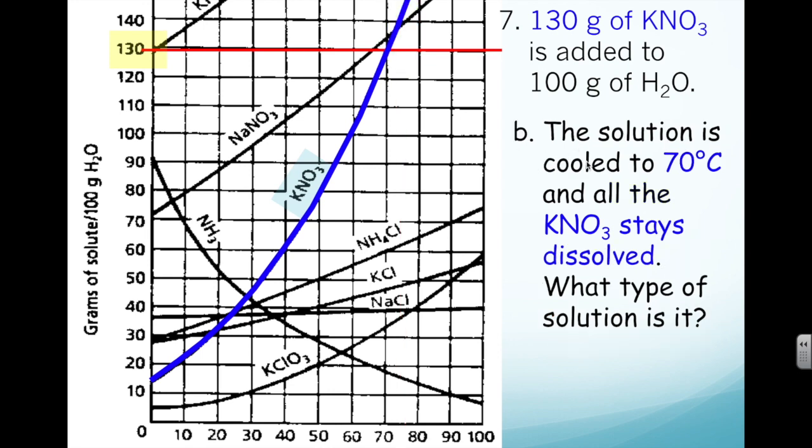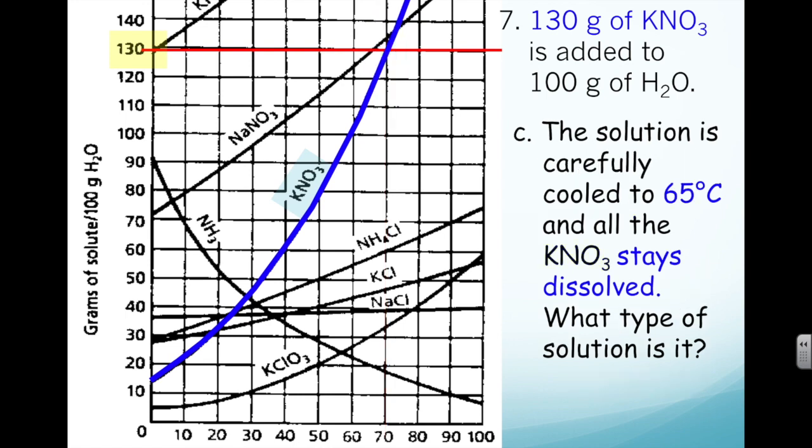The solution is cooled to 70 degrees, and all the KNO3 stays dissolved. What type of solution is it going to be? It's right on the line, so it's going to be saturated. The solution is carefully cooled to 65 degrees, and all the KNO3 stays dissolved. What type of solution is it going to be?